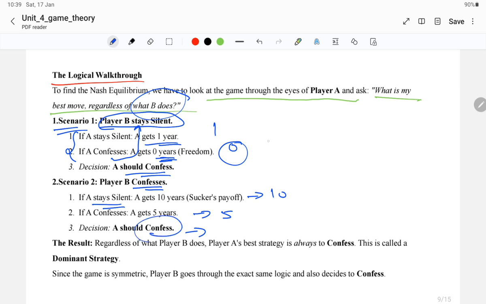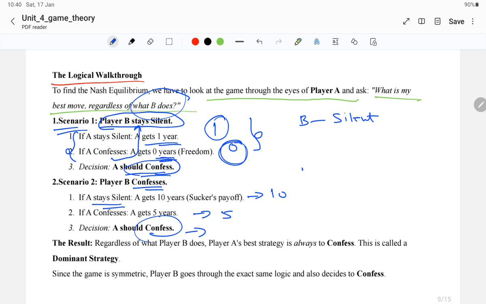So guys, you can just observe here. If B stays silent, A sees that if A stays silent, he will get only 1 year. If A confesses, he will get 0 years. The least among these two, so A should confess.